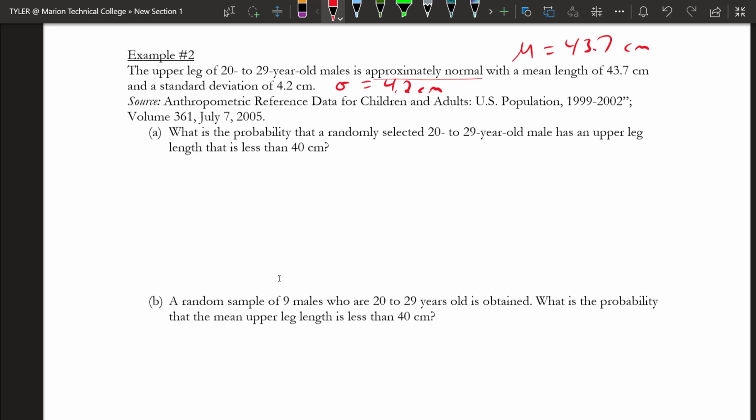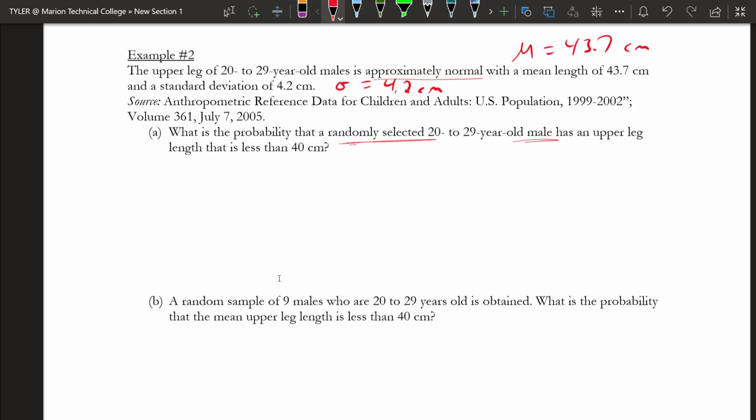So in part A, we're looking at, what's the probability that I randomly select a 20 to 29-year-old male that has an upper leg length that is less than 40 centimeters? It's important in part A to understand that here we're talking about the probability of randomly selecting one male, just one individual, like we've talked about before.